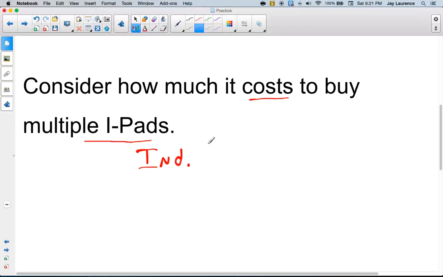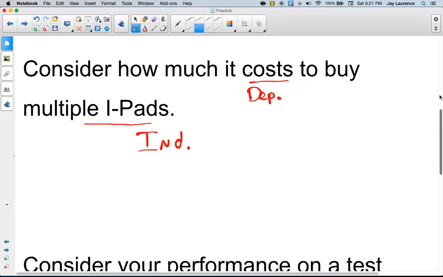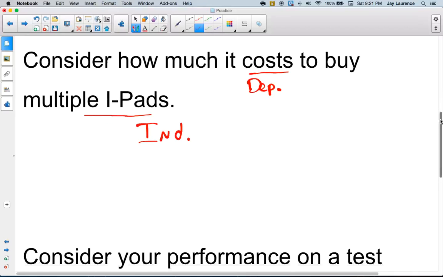I'm going to abbreviate it, and the cost is the dependent variable. How much you have to pay depends on how many you purchase, right? You don't hand the clerk $500 and say, give me all the iPads, right? You instead say, I need 5 iPads, and then the clerk tells you how much you have to pay.